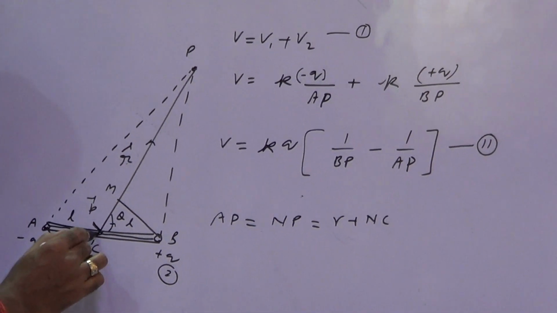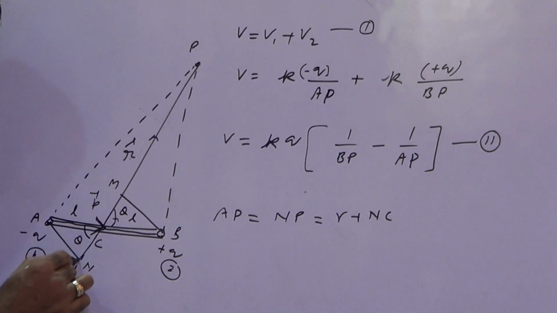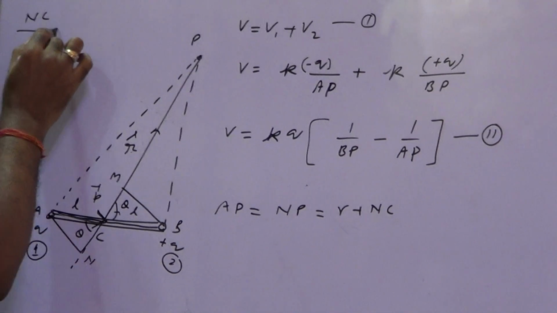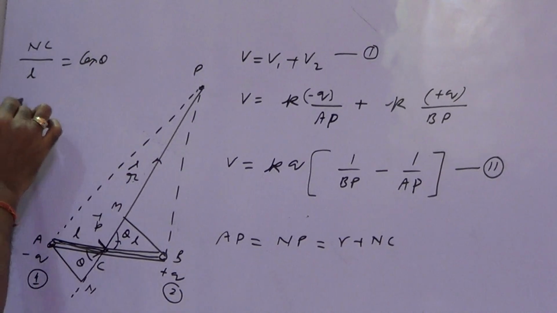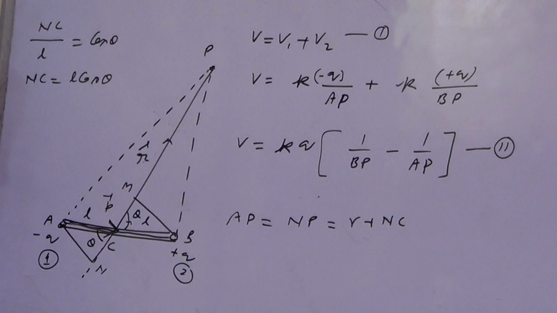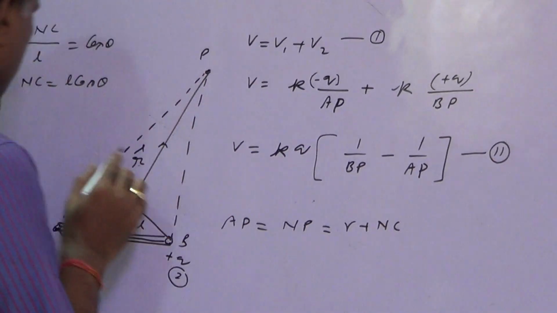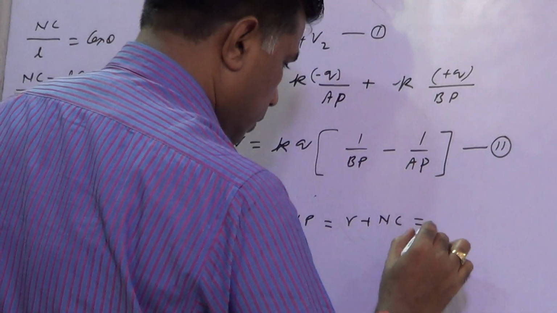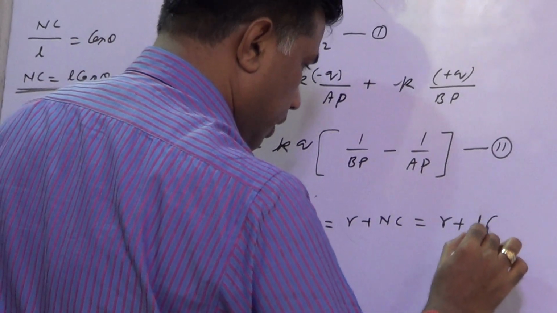Now in this triangle, NC by l equals cos theta. Written here separately: NC by l equals cos theta. So NC is equal to l cos theta. So in place of NC, one can write this value l cos theta. So this will be r plus l cos theta.